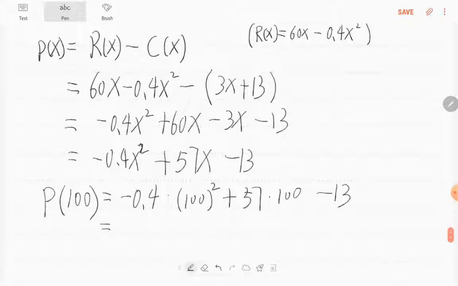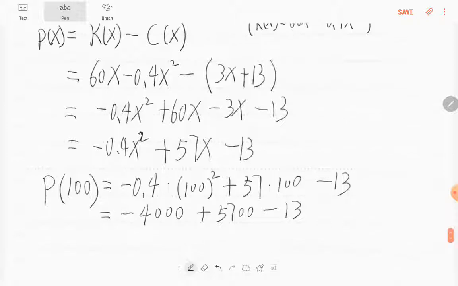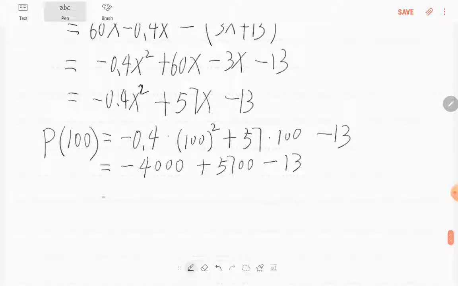So this would be negative 4,000 plus 5,700 minus 13. So you will get 5,700 minus 4,013. So it would be 1,687. Okay, so the profit is $1,687.